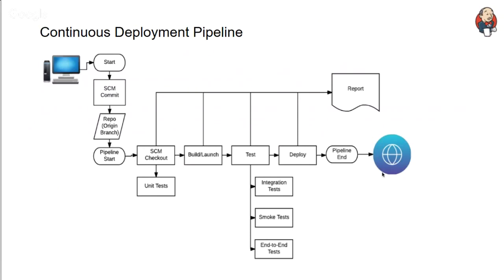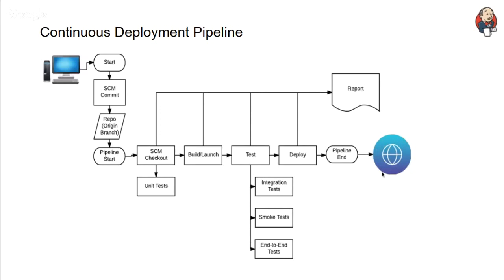Once the build is completed successfully, the next step is to run all the tests: integration test, smoke test, end-to-end test, user acceptance test. Everything is run here. Once the acceptance and integration tests are over and there are no issues, it automatically deploys.